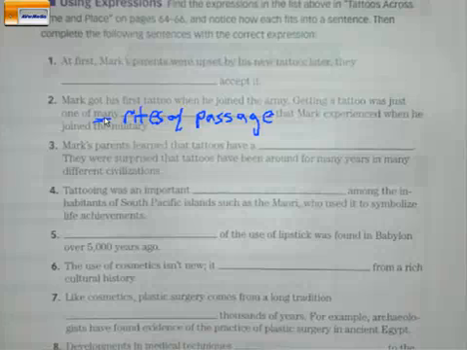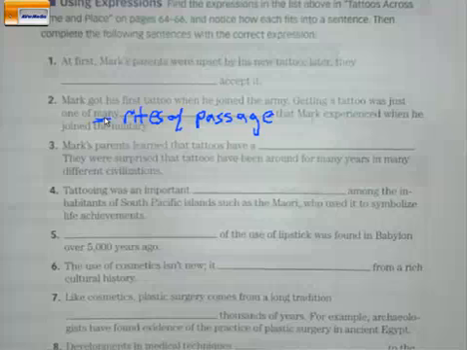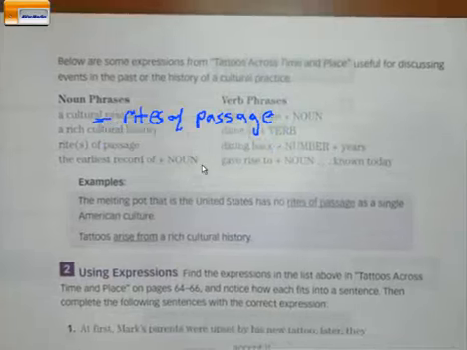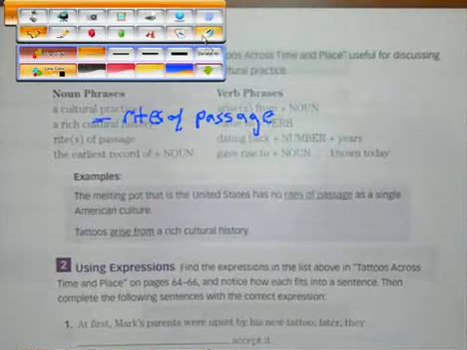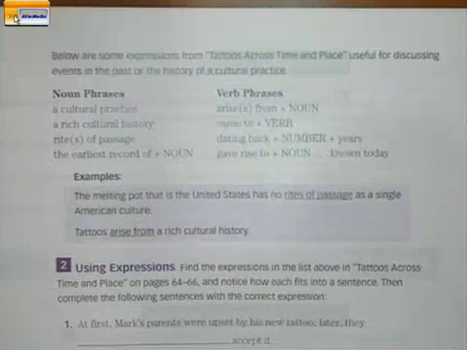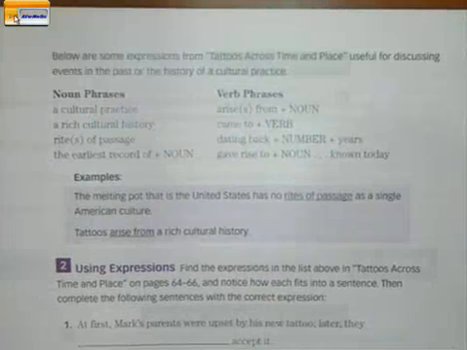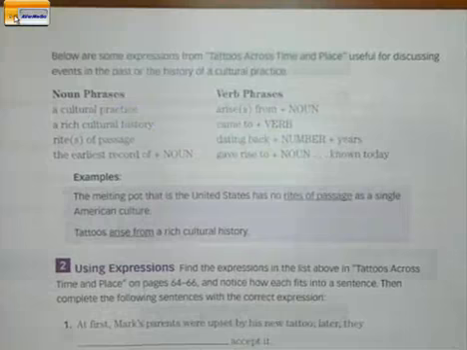Right. Number 3, Mark's parents learned that tattoos have a... They were surprised that tattoos have been around for many years in many different civilizations. A cultural practice, a rich cultural history.